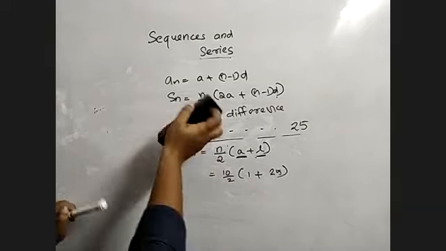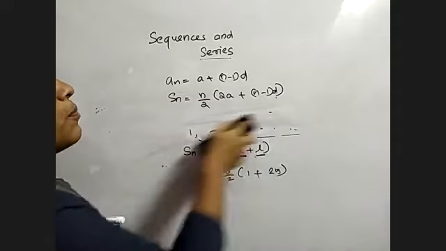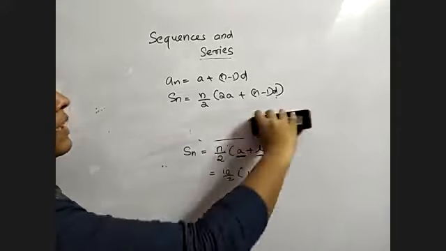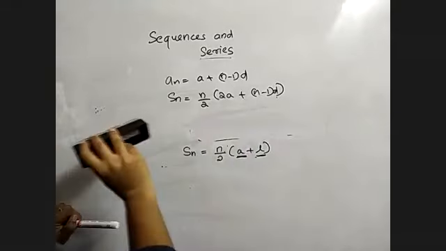So please note down these formulas in your book. What is the nth term of an arithmetic sequence? What is the sum of an arithmetic sequence?